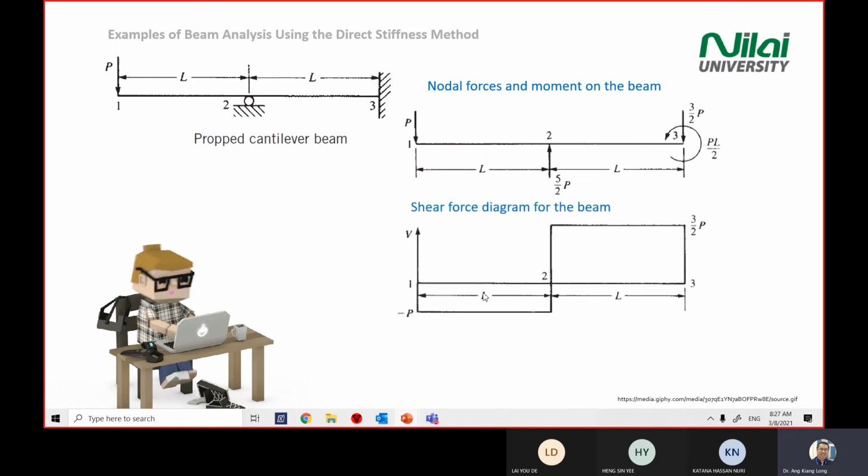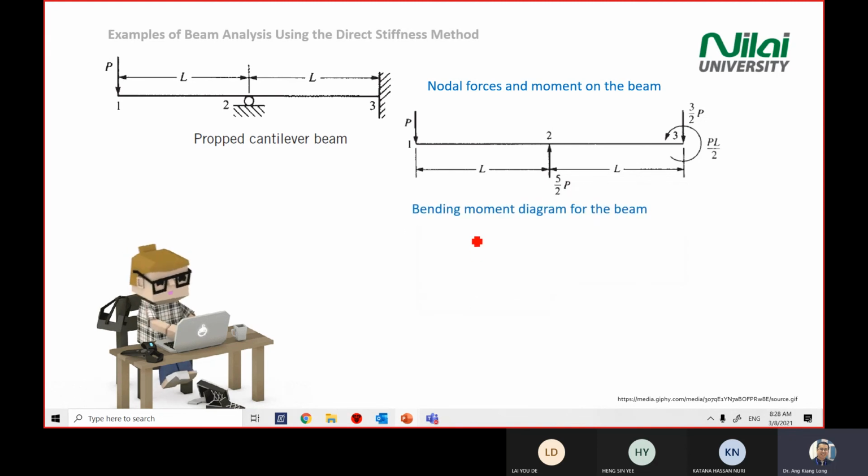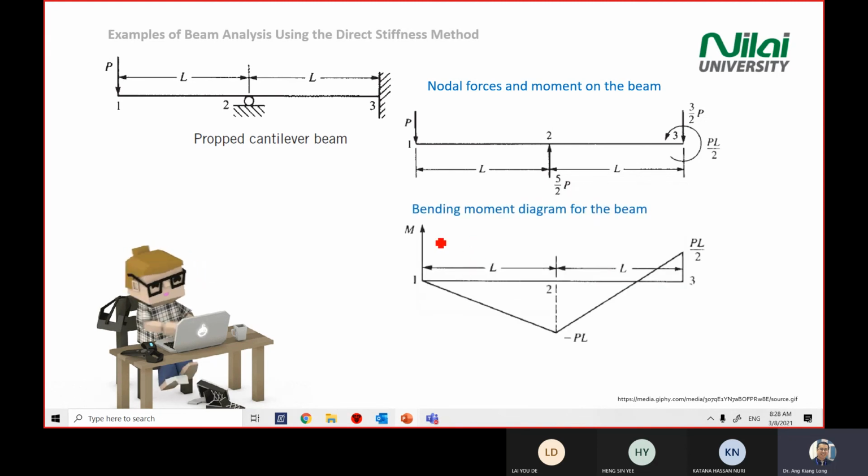Then after you did the shear force diagram, there's another diagram that you need to show us when it comes to your final exam. It will be a bending moment diagram. So bending moment diagram is M versus L. So there's no moment at pin 1, and then when you move across the beam, you will come to negative PL, and then you will go up to the remaining moment value.